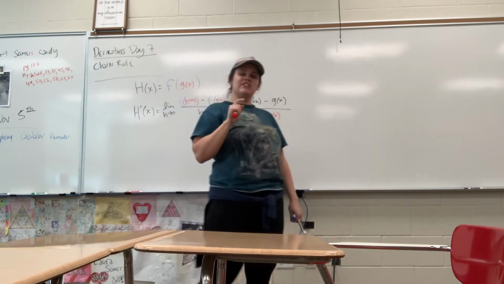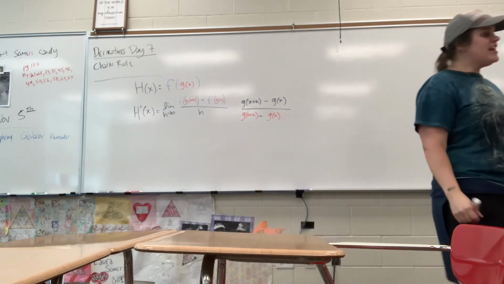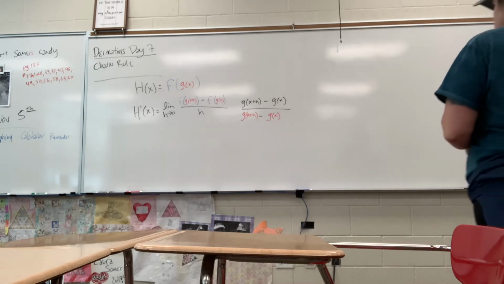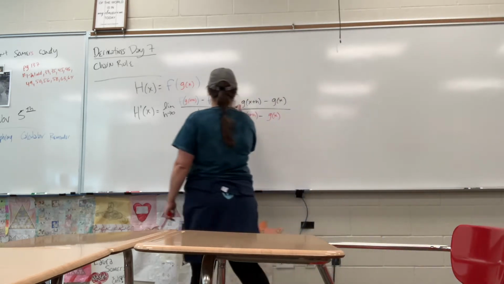Is what I just multiplied by changing the value of the fraction at all? No, why not? Because they simplify to be 1 over 1. You got it. It simplifies. It's like timesing by 1. It doesn't change anything. If I do something to the top and then I do it to the bottom, I'm not changing anything because it's like I'm multiplying by 1. Perfect. Okay?